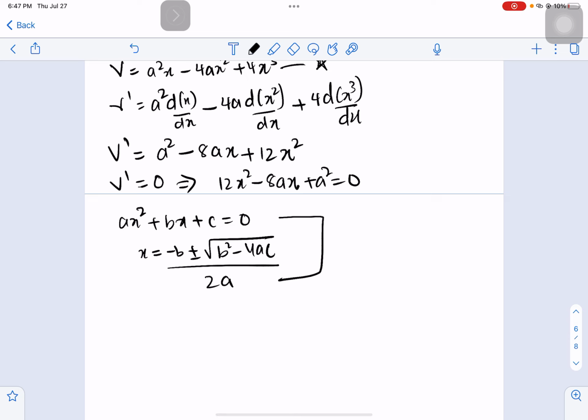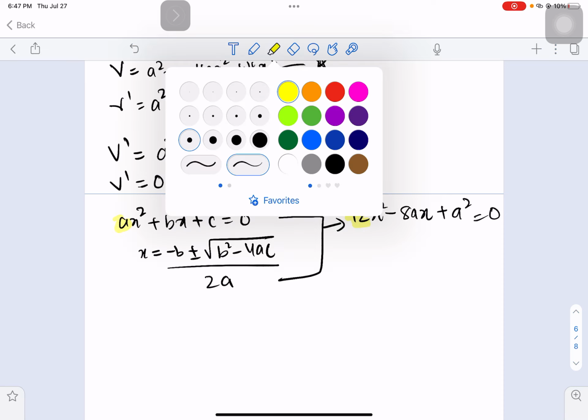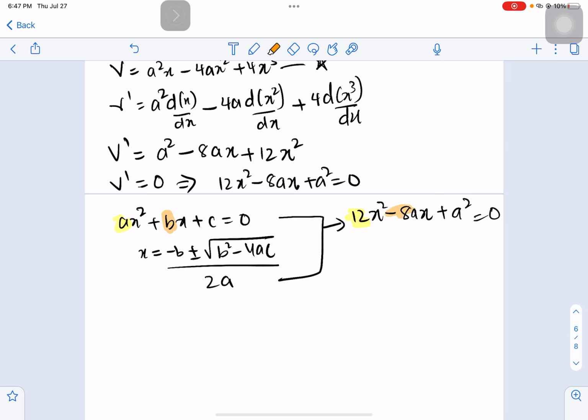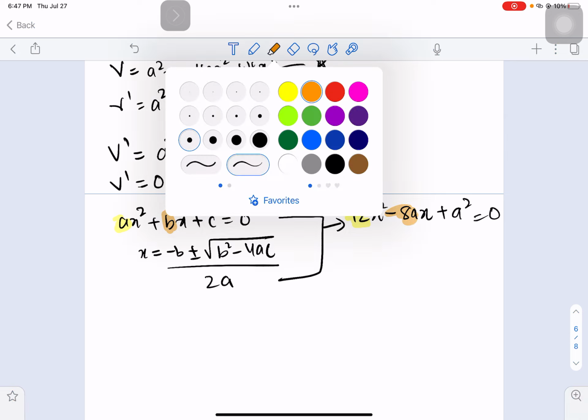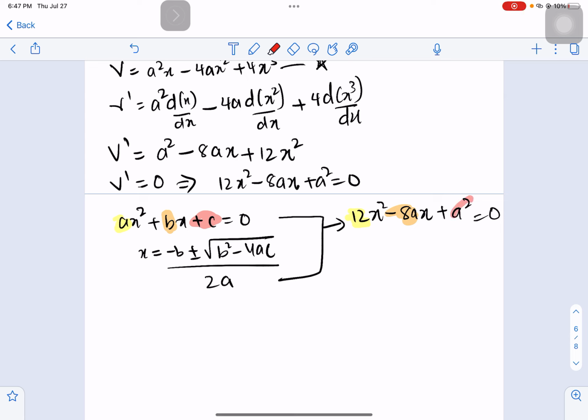If I compare this with the equation 12x squared minus 8ax plus a squared equals 0, I find that a is 12, b is negative 8a, and c is a squared. So let me write this out here.